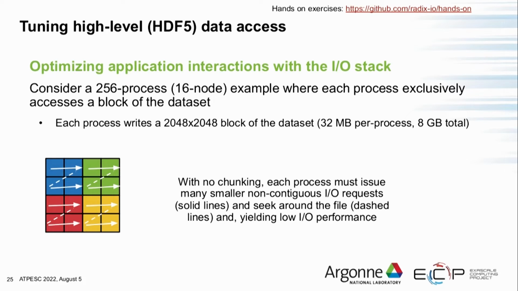You can see how this could be problematic, especially in larger data sets. For an example here, we're going to look at a 256 process, 16 node example, where each process has a block of the data set, just like is depicted here, just at larger scale. In this case, each process is writing a 2K by 2K block of a data set, which comes out to exactly 32 megabytes per process.